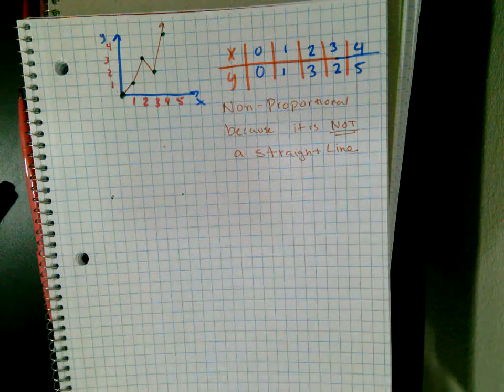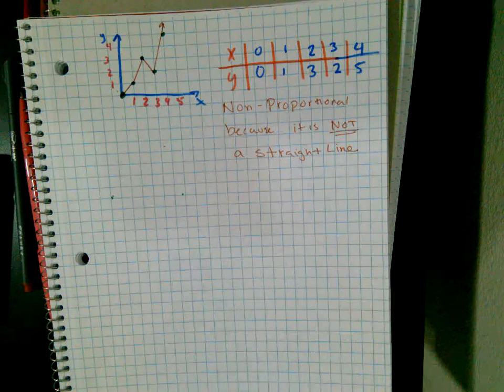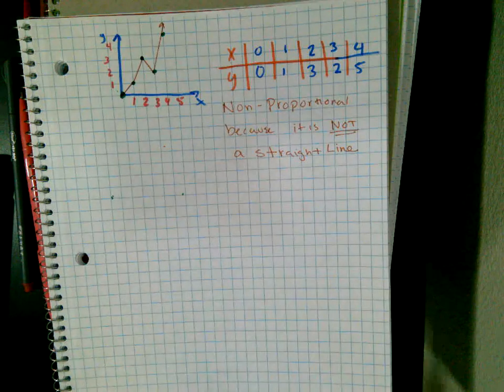So as soon as one of those things messes up, as soon as you don't have 0, 0, or you don't have a straight line, you're done. It's not proportional.